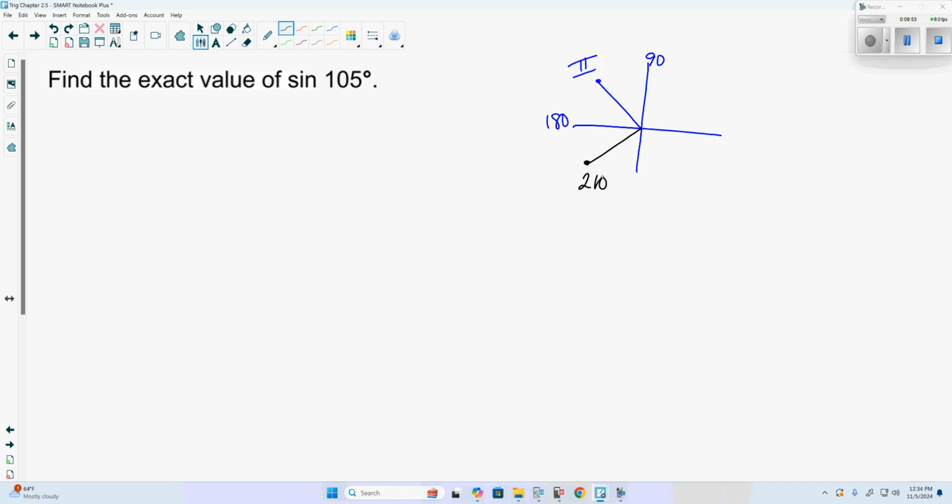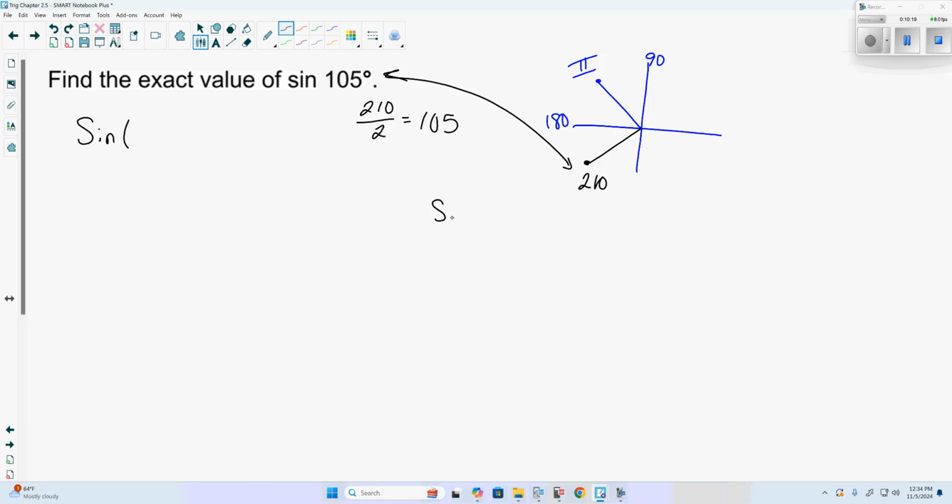Now, the reason we're specifically picking 210 is, how is 210 and 105 connected? Half of 210 is 105 degrees. And the reason we're doing this is our half angle formula.